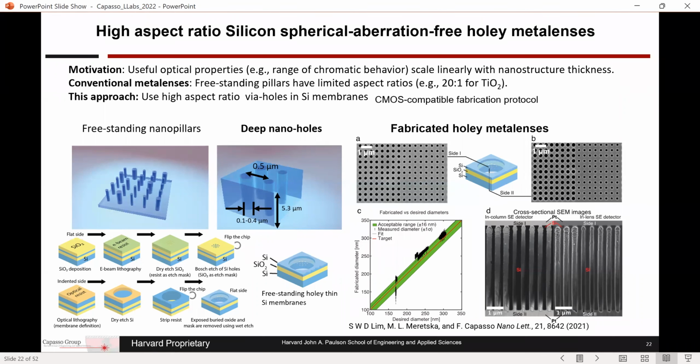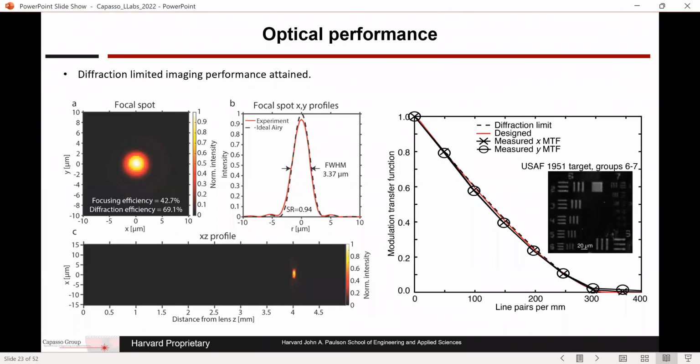You can fill the holes with certain materials. This could be liquids, maybe liquid crystal. So there are some interesting possibilities given by the ability to fill these holes. And these are results that are very, very good, I must say.